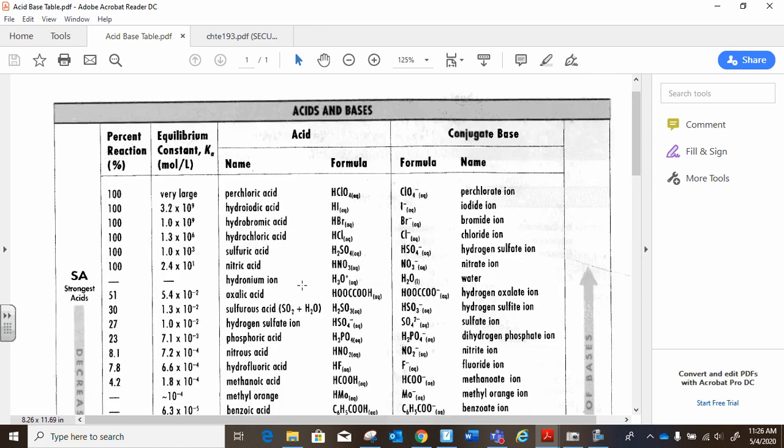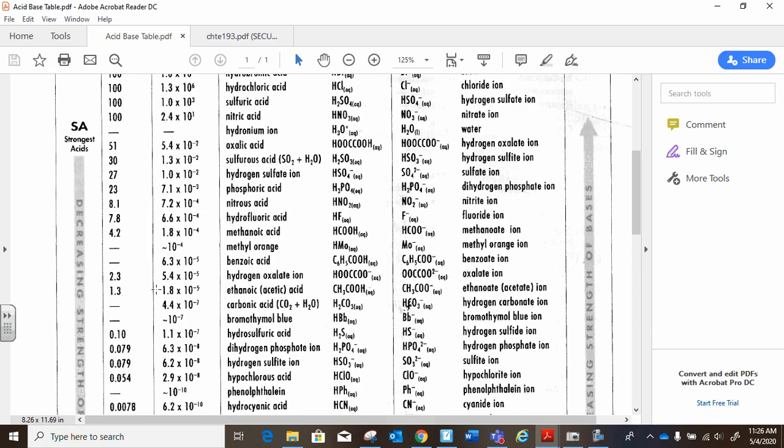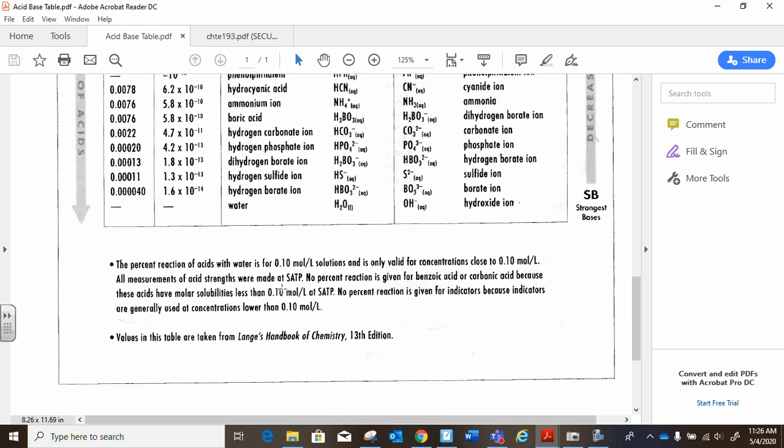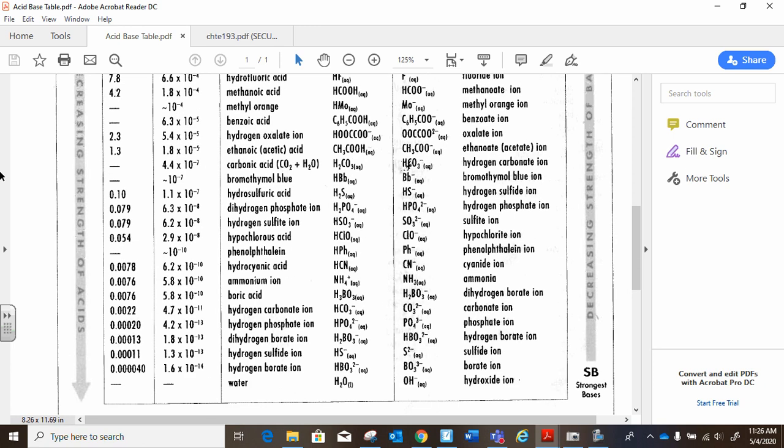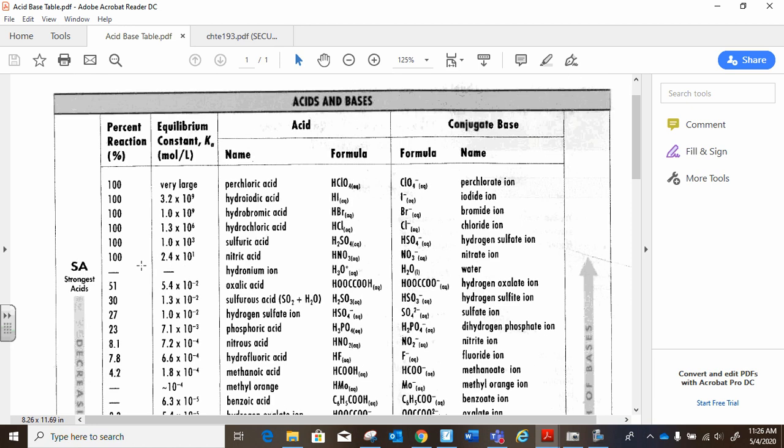Another thing to note, the percent reactions are all based on concentrations of acids of 0.1 moles per liter. So if the acid concentration is stronger or weaker than 0.1 moles per liter, we cannot use these percent reaction values.